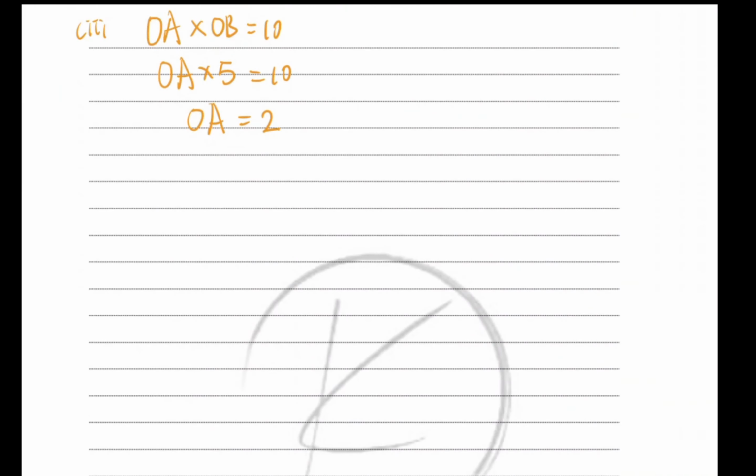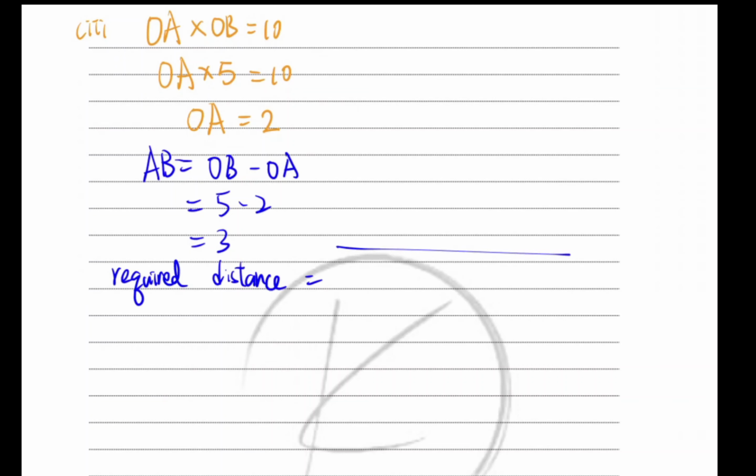So after we know OA, then we want to calculate the AB. AB is actually equal to OB minus OA. Then we get 5 minus 2 equals 3. So by calculating the distance, we can say that the required distance is the square root of the radius squared minus 3 over 2 all squared.